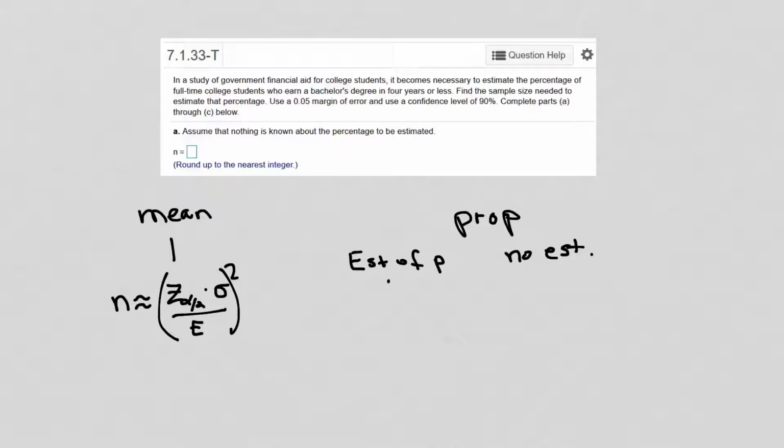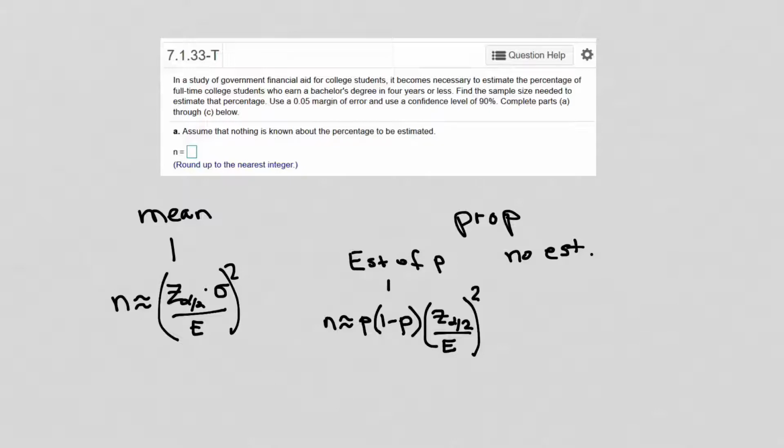If you have an estimate of P, then n is approximately equal to that estimate of P times 1 minus the estimate of P, and then we multiply that by the quantity z sub alpha over 2 divided by the margin of error, squared.